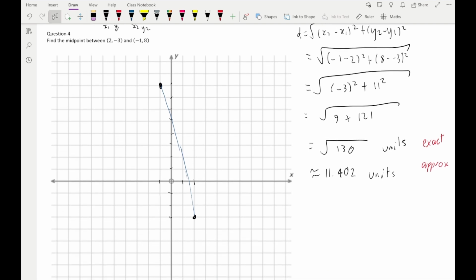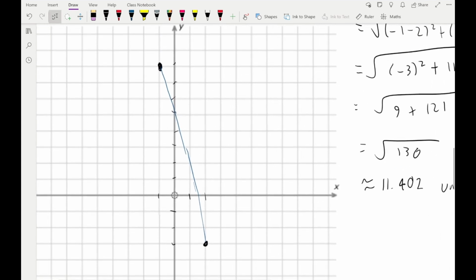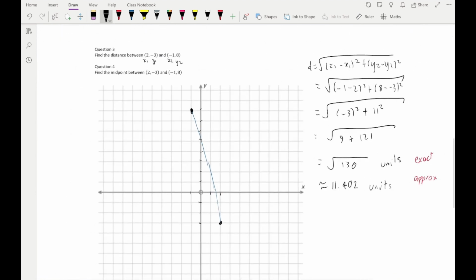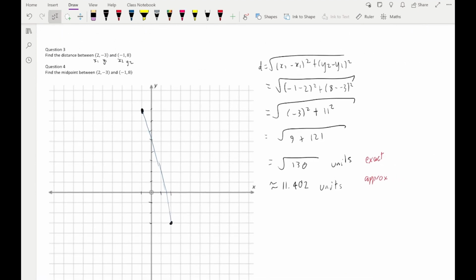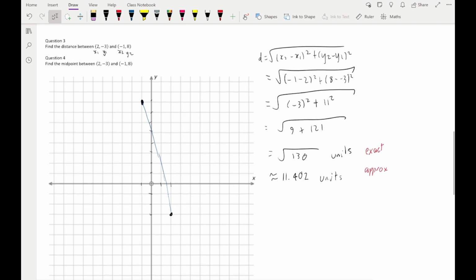Now let's just make sure this makes sense. Is that line about 11 units long? It looks about 11. It definitely goes up by 11 and it goes across a little bit, so 11 and a bit. Good. Let's find the midpoint. We add our x values together: (2 plus -1) over 2, and we get (-3 plus 8) over 2.